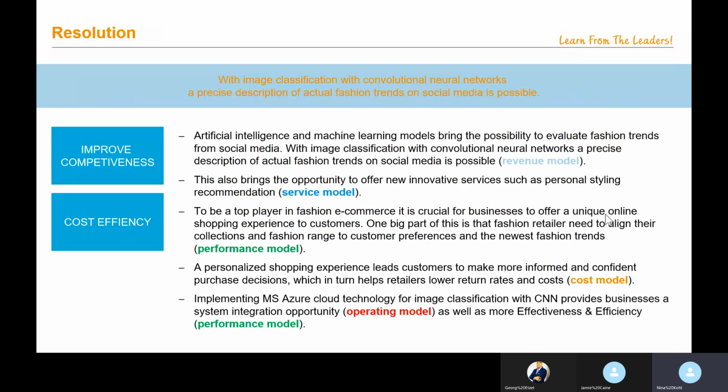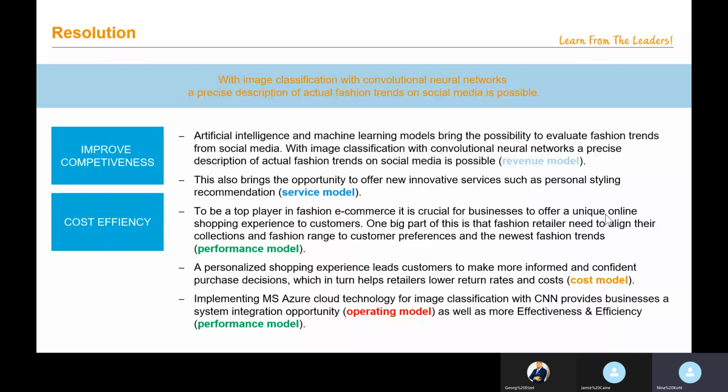It also brings the opportunity to offer new innovative services, such as personal styling recommendation, which can be an enhancement of your service model by offering new services. It also can optimize your performance model, because you can then align your collections and fashion ranges to the customer preferences.